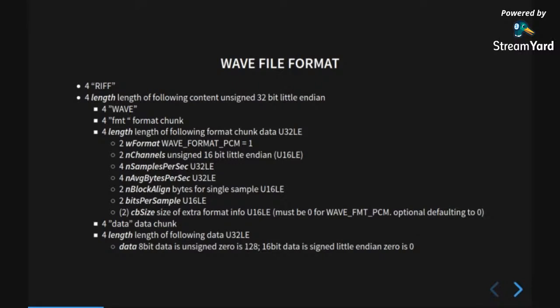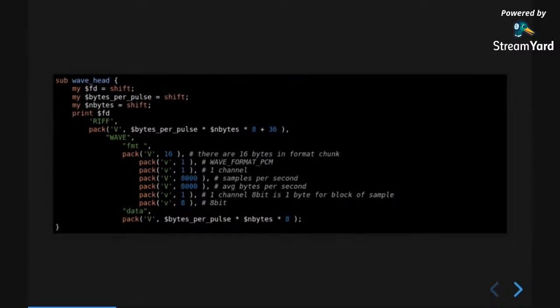With 8-bit data, 0 is 128. So an actual 0 is loud, and an actual 255 is loud. And it's really simple just to write the header for the WAV file. Just pack and print.